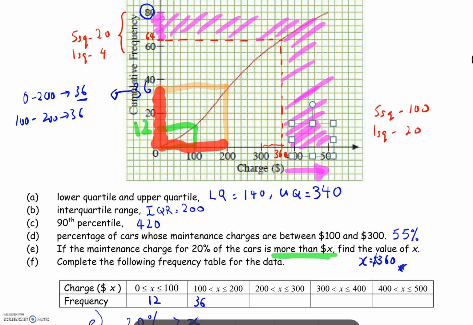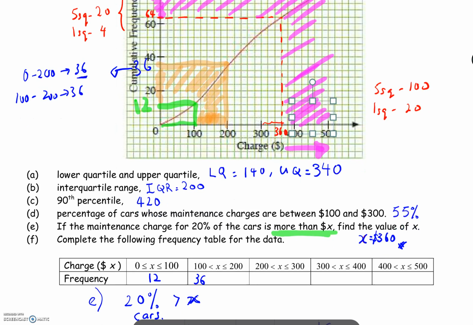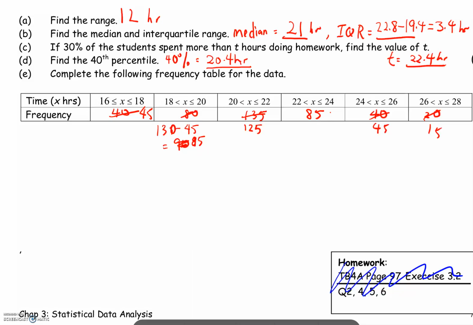But if I want 100 to 200, that means I only want 100 to 200. Can you see where I'm coloring? So you must take 36 minus 12. Can you see the shaded part? On your graph, you should see a lot of shaded area. So it's not 36, 36 is wrong. It should be 36 minus 12, and this answer is 24.